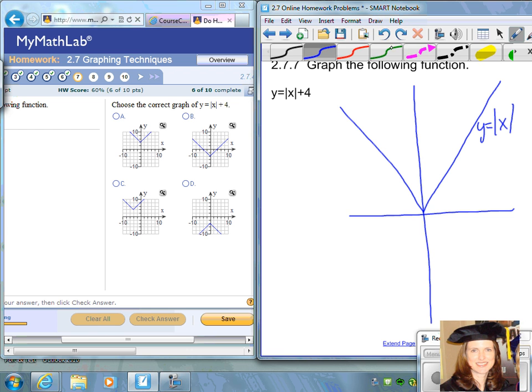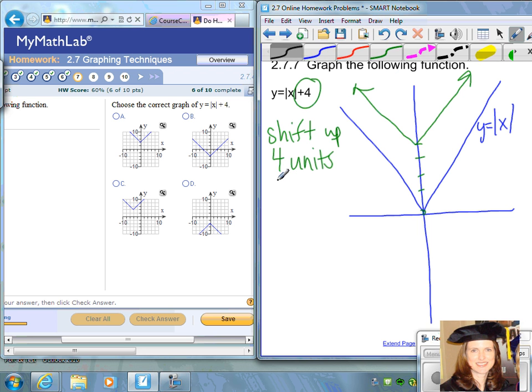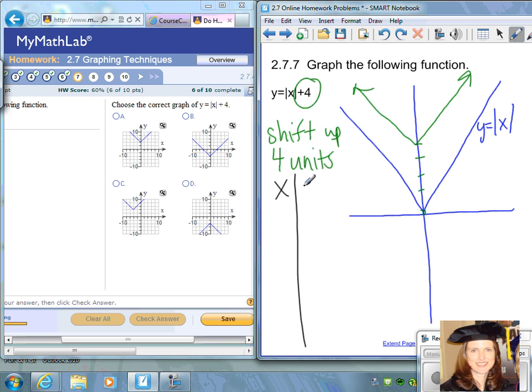Now the plus 4 means that the whole graph has been shifted up 4 units. So this point is going up 1, 2, 3, 4, and then the graph is the V shape like this.